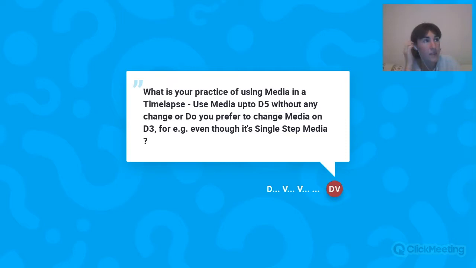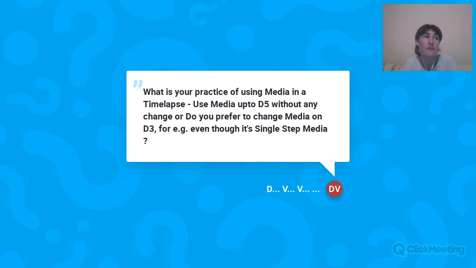Well, the thing is, we have seen that we have very good results with the single-step media. If you use sequential media, you need to take the embryos out and change the dish, so change the embryos from dish to dish. This takes some time, so it's a little bit of extra manipulation. So you would really need to make sure that it's worth it, that there is an added value in changing the media.